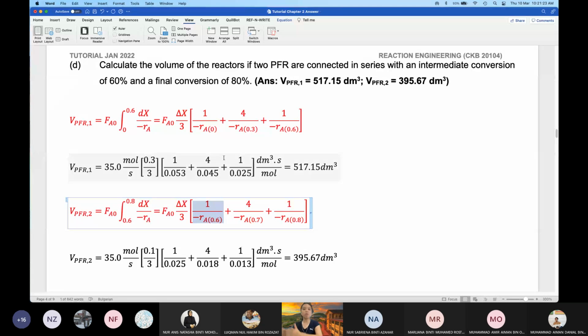So you get these 3 points correctly, then you just look from the table for the 3 values. Look at the table: at 0.6, how much is minus RA, at 0.7 how much is minus RA, at 0.8 how much is your minus RA. You replace the numbers accurately, and you should be able to get the volume of the second PFR as 395.67 dm cube.